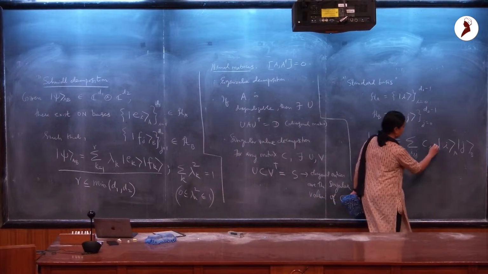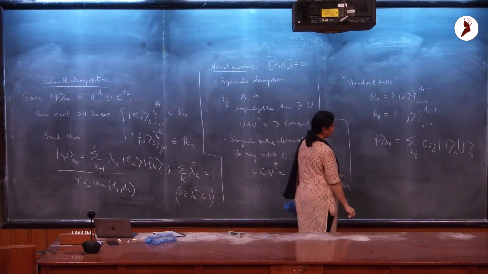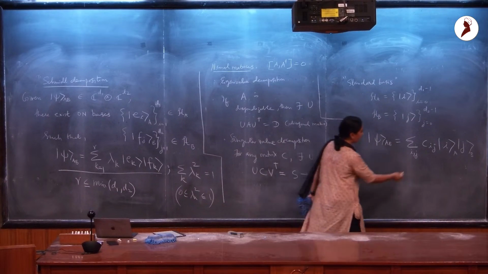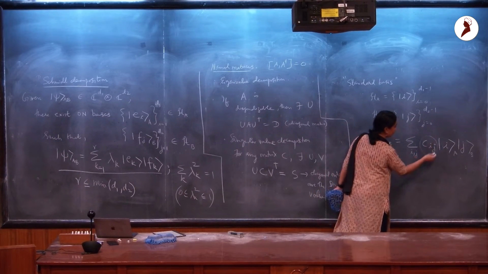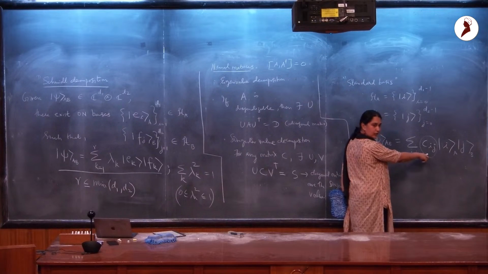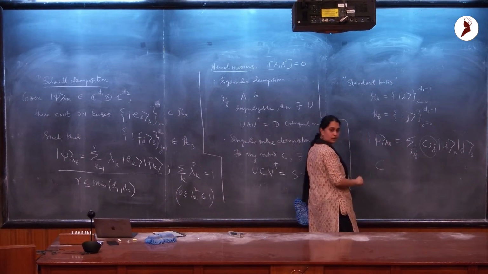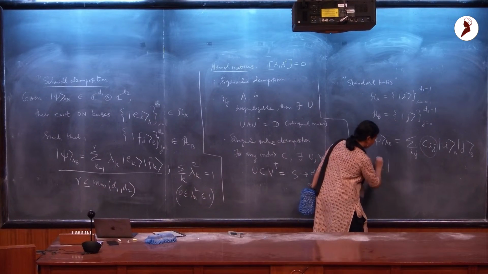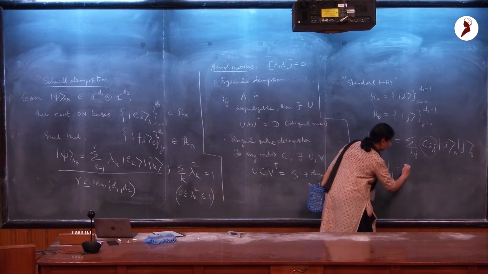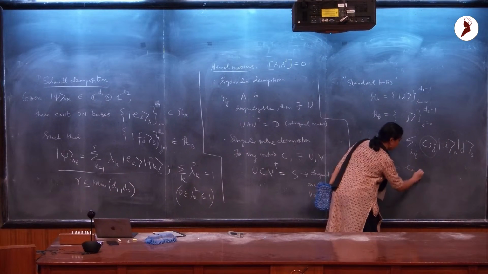And now you see where the singular value decomposition comes into play. This set of coefficients Cij, if I were to think about the matrix whose ijth element is essentially this Cij.